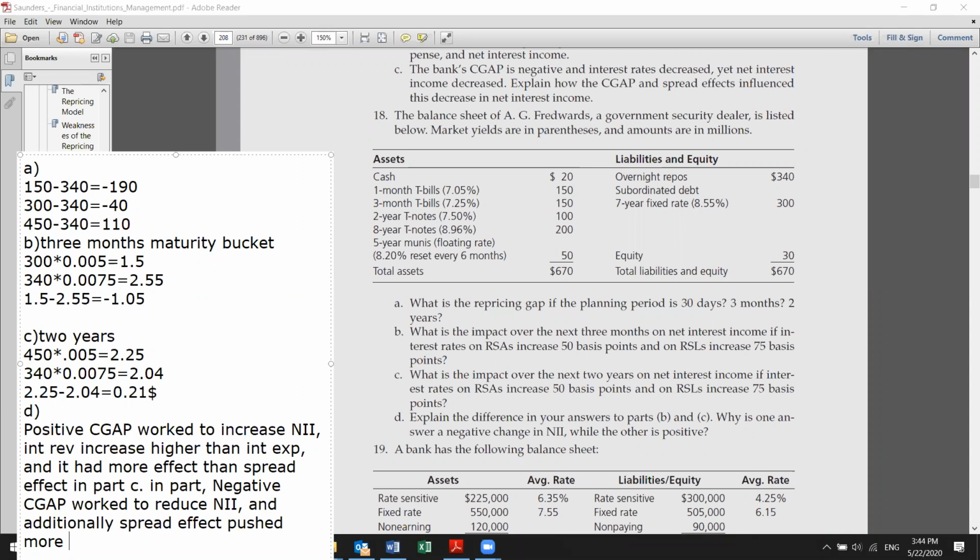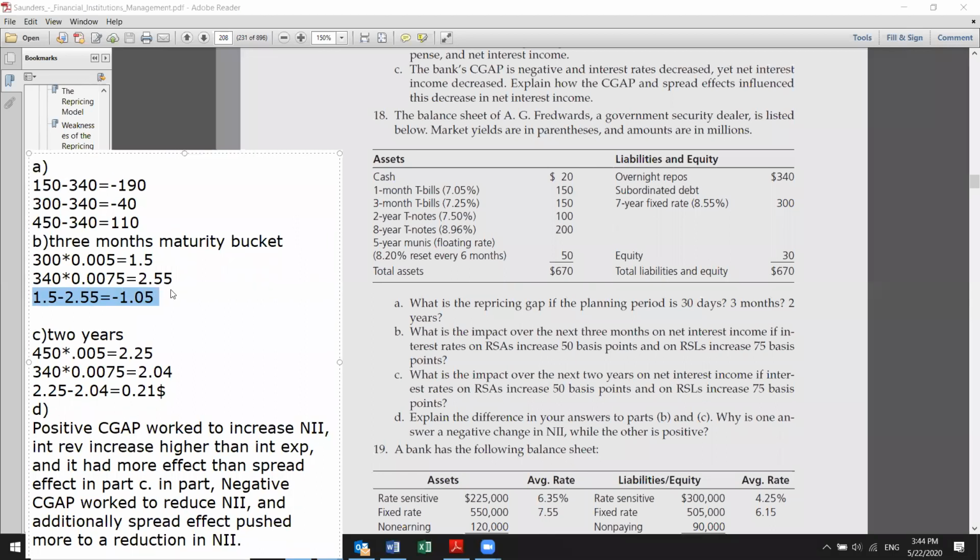Wait a second. And yes, spread effect pushed more to a reduction in net interest income. Okay, this is correct now. Because I was thinking, I just by mistake saw that it was a positive, but it's a negative. Okay, it's negative. Now it's okay now.